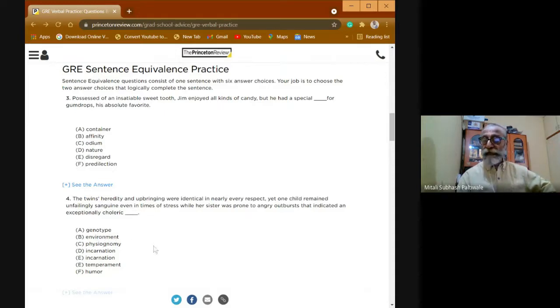Genotype means what carries the genetics. It is a physical trait that can be seen. Then the second one is environment. Environment is nature, meaning surroundings, how their surroundings are.